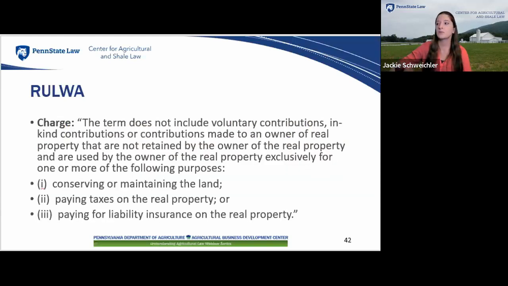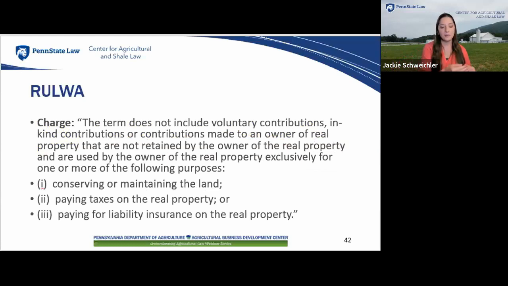Now, when it comes to charging people who come onto your property, there's some specifics for how you're allowed to accept those payments, those fees, when you charge them. You're allowed to accept payment and use that payment to conserve or maintain the land, to pay taxes on real property, or to pay for liability insurance on the property.